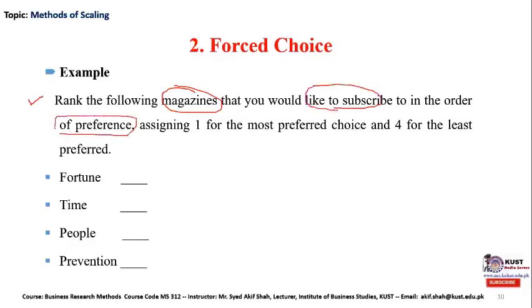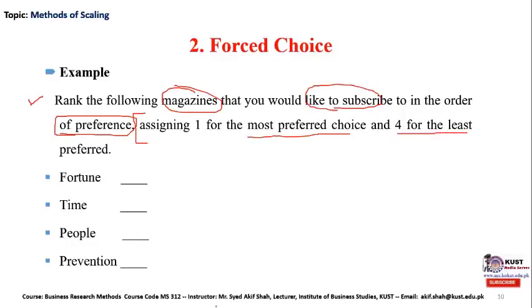So here the respondent's choice preference has been asked: rank the magazines you prefer to subscribe to. The method to categorize this preference is to assign number 1 for the most preferred choice and number 4 for the least preferred choice.